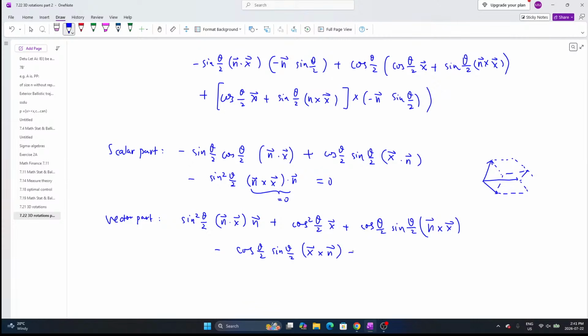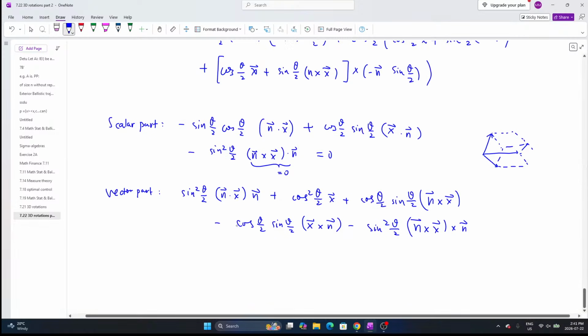And lastly, it looks like you need a vector triple product formula, which we thankfully derived yesterday. Actually, you need a minus sign here. Sine squared of theta over 2 times n cross x, and then cross n. So there you go. So see what we can combine.